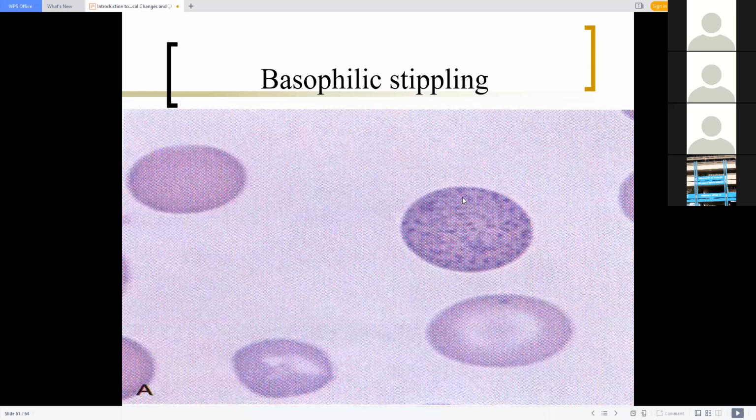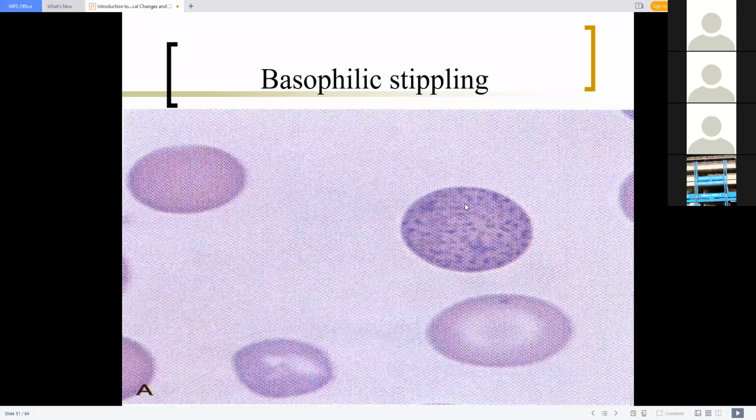You usually see it in injury to red cells, either chemical injury to red cells that may give you abnormal red cell metabolism, and you get that stippling.